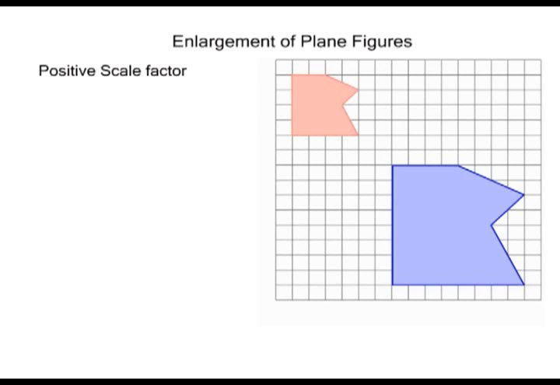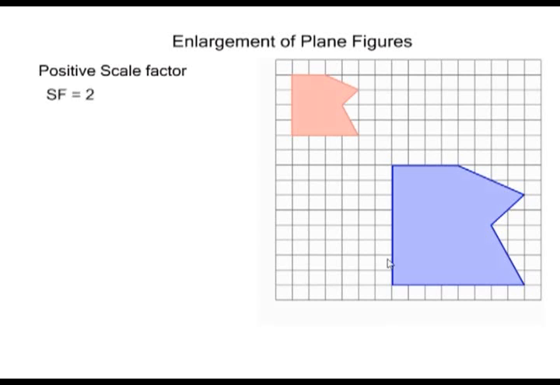What is the scale factor of enlargement of the pink shape? The pink shape has 1, 2, 3, 4 boxes down, and the blue shape has 1, 2, 3, 4, 5, 6, 7, 8 boxes. Now I know that 8 divided by 4 is equal to 2, and so the scale factor is 2.